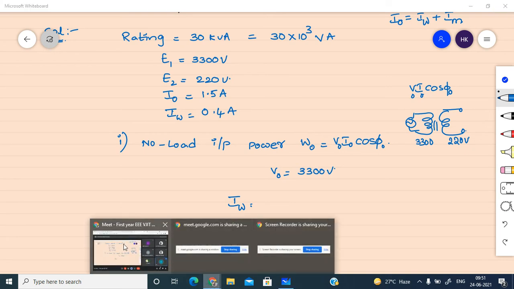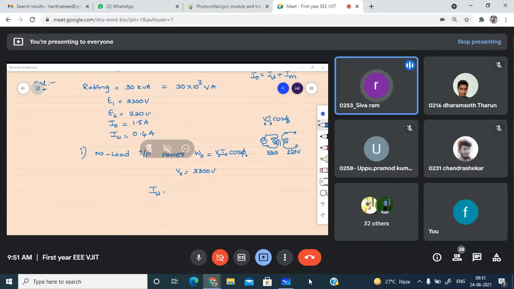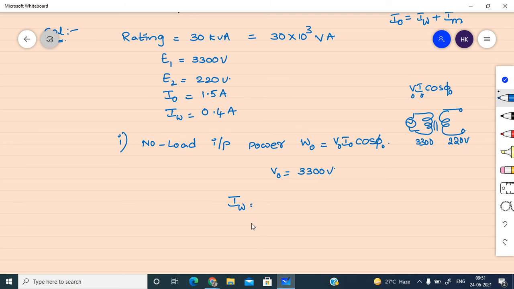Am I audible to you? Yes, ma'am. Yes. The IW formula is I naught cos phi naught. This we had derived in the last class. IW is equal to I naught cos phi naught. IM is equal to I naught sin phi naught.